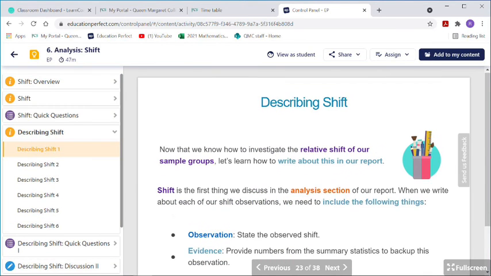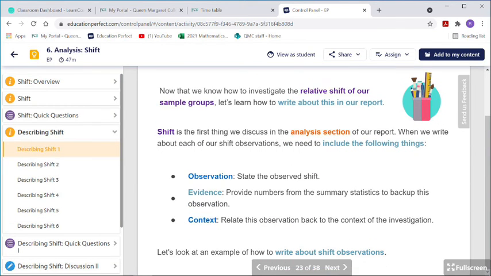So let's talk about how you're going to write it up. Okay? First of all, you're going to make your observation. State your observed shift. The blue one is shifted to the right of the whatever. Okay? Then you're going to have to provide evidence. You must provide numbers from the summary to back up the observation. If you have the correct observation but no numbers to support it, that's achieved, but it's nothing else.